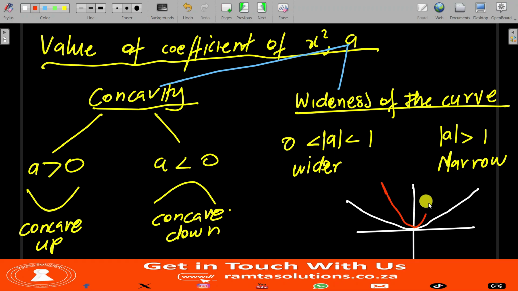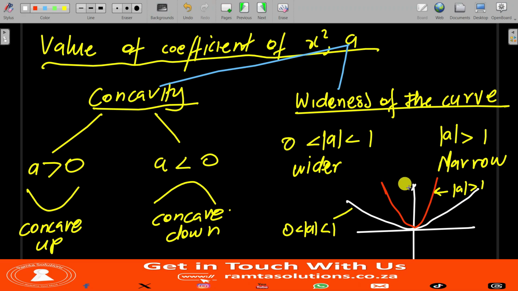This one here has an absolute value of a greater than 0 but less than 1. But this one here has an absolute value of a greater than 1. Remember, even if it's negative 2 or negative 3, or positive 2, the absolute value will return the positive of it.